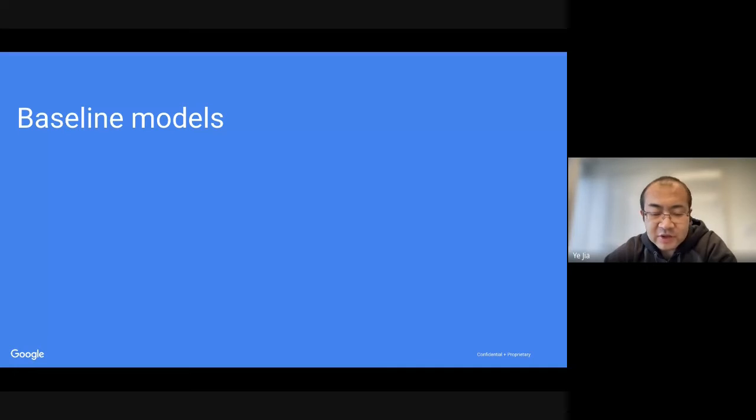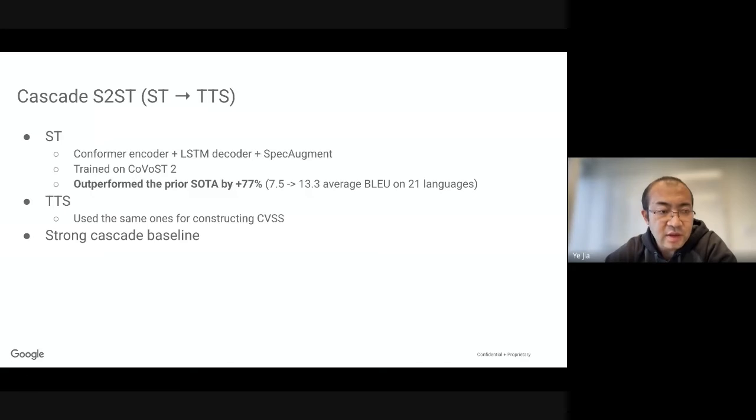So we built baseline models on CVSS, including both cascade speech-to-speech translation, as well as end-to-end direct speech-to-speech translation. For the cascade model, we built a speech-to-text translation model on Common Voice, and then cascaded this model to the same TTS model as used for constructing CVSS.